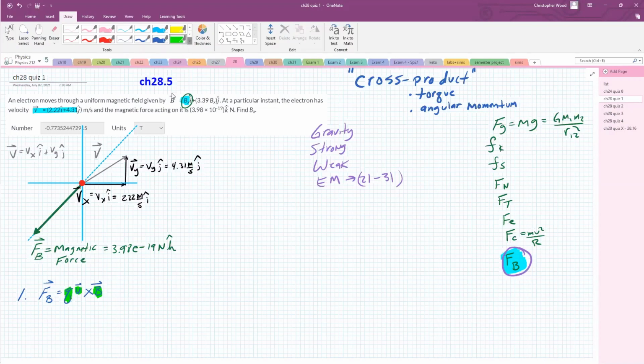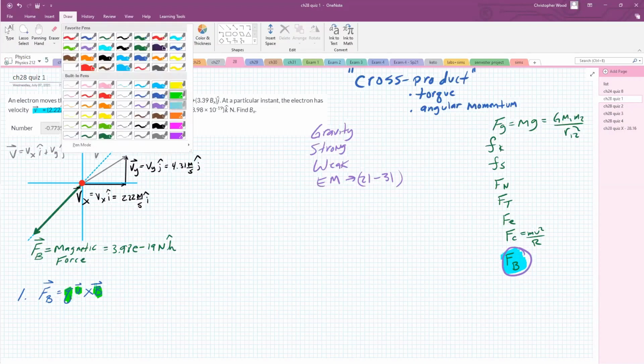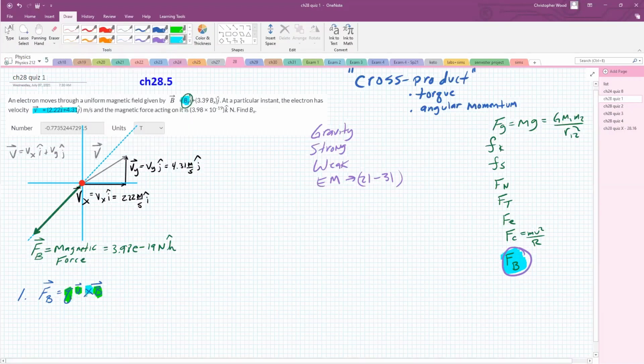And then this is what might be new for some of you. And it depends on the perpendicularity between v and B. This is what cross product is. Cross product is the product of perpendiculars. You use the cross product operation to figure out the product of perpendiculars. I want to basically do this.